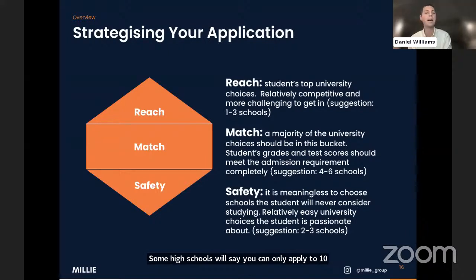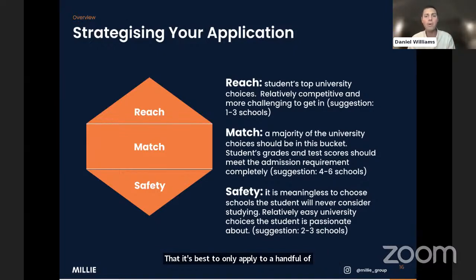Some may say you can apply to as many as you want. If the school says you can only apply to 10, then the best thing to do is to apply to 1 to 3 reach schools, right? So 1 to 3 schools that are highly, highly competitive. A dream school. It would be amazing if somehow you were admitted there, right? But they're so competitive that it's best to only apply to a handful of them.